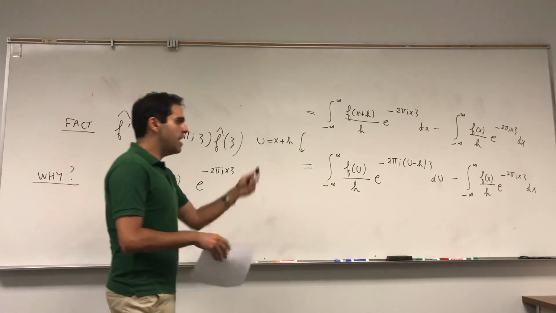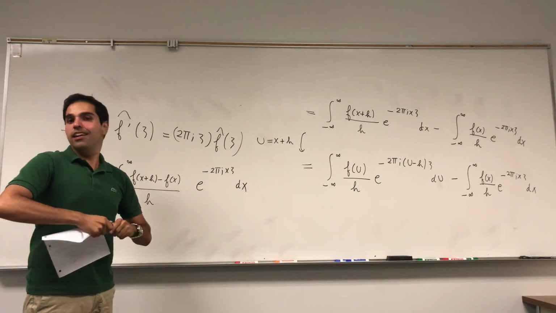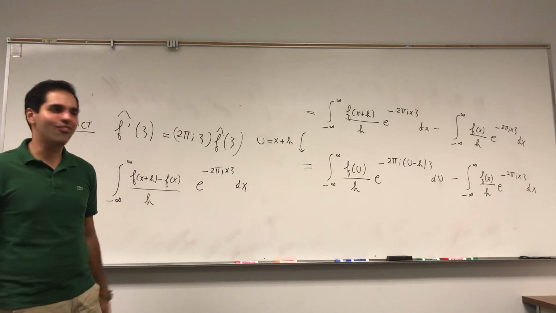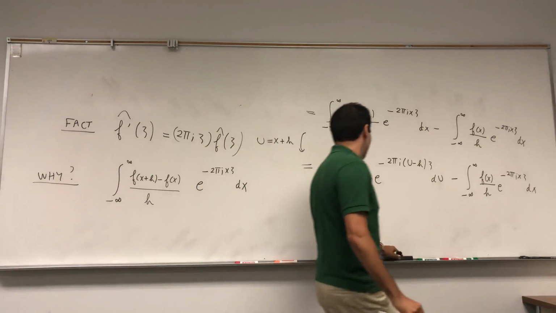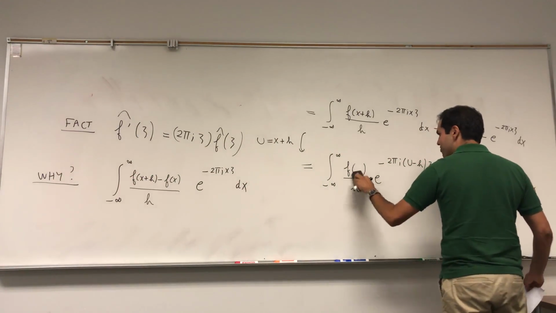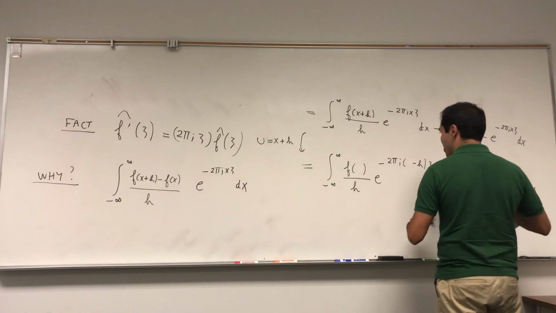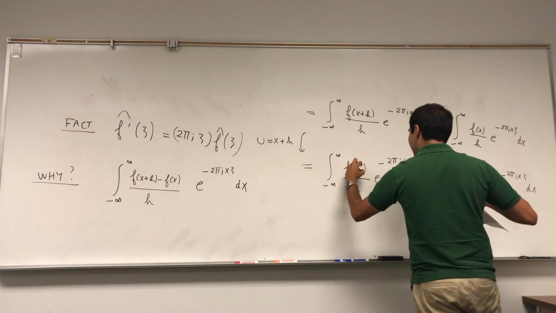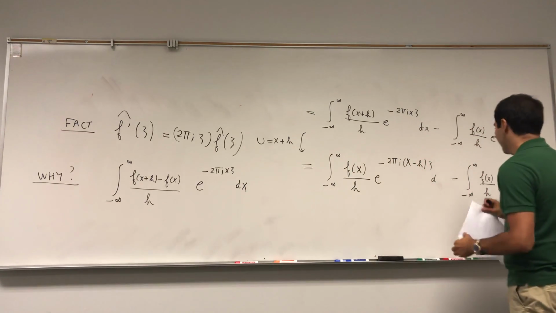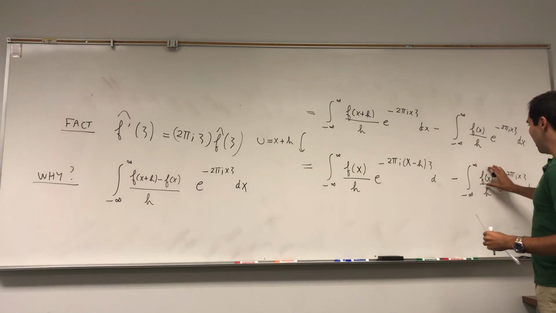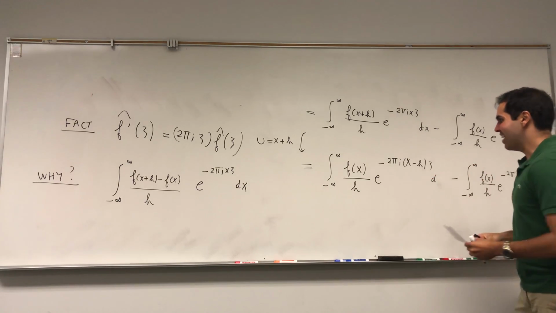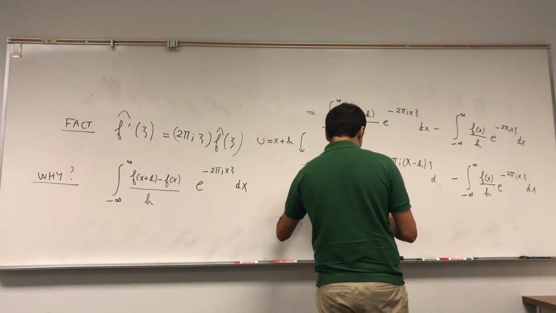Now take this expression, and use another substitution if you want, x equals u. Therefore you can replace this variable by anything you want. So just to make it homogeneous, let's let it be x. And the nice thing is now there's this common factor of f of x over h.